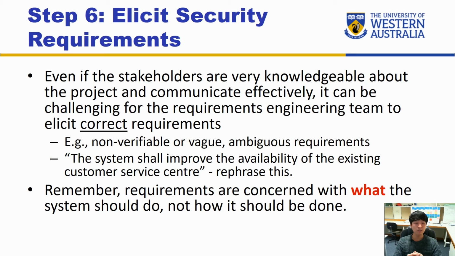Even if the stakeholders are very knowledgeable about the project and communicate effectively, it can be challenging for the requirements engineering team to elicit correct requirements. So at this point, we understand the system that we're going to build and its associated risks.